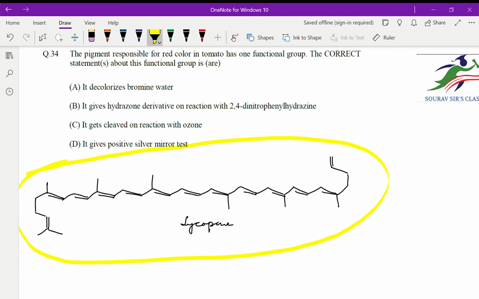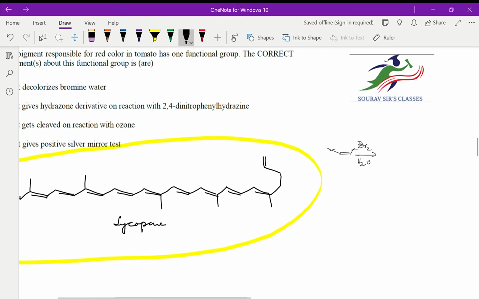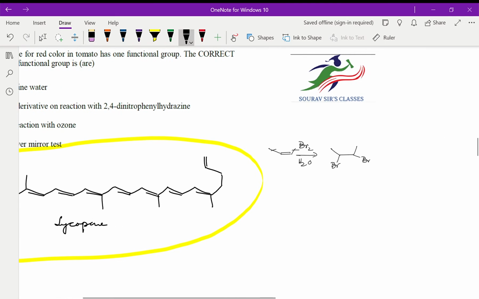So there is unsaturation, and obviously whenever there are these C double bond C bonds over here, if you react that with bromine water, then the products that you can think of to obtain via anti-addition of this bromine is going to be a dibromo compound, or there can be formation of the OBr unit.